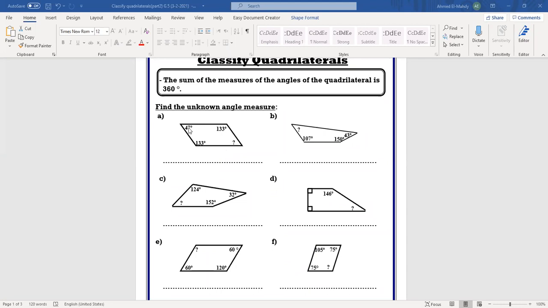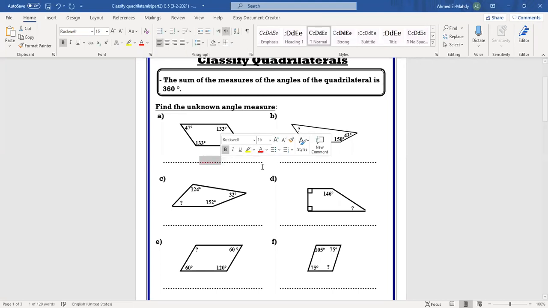This angle is 47, so the measure of its opposite will be 47. The opposite angle of the unknown one is 47, then the measure of it will also be 47, without counting.